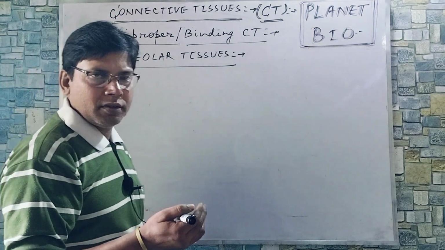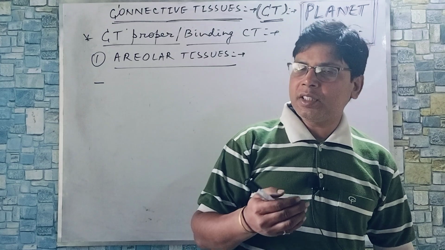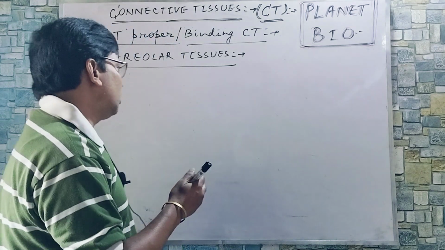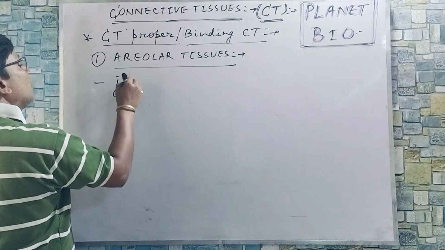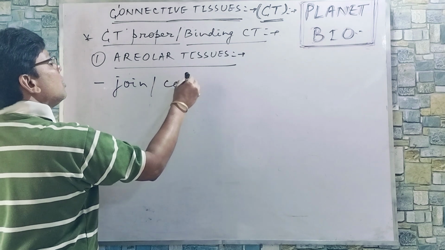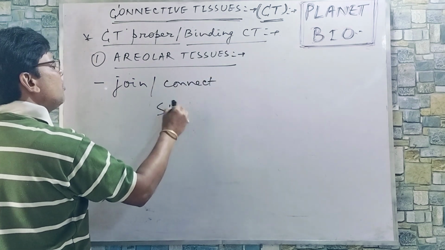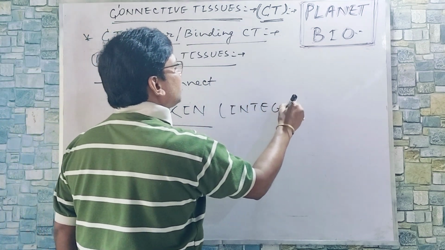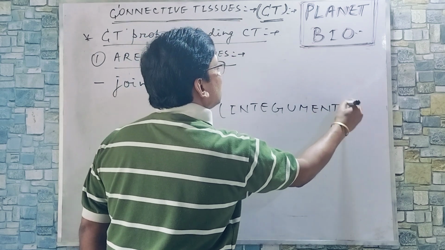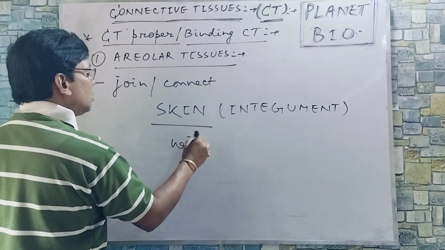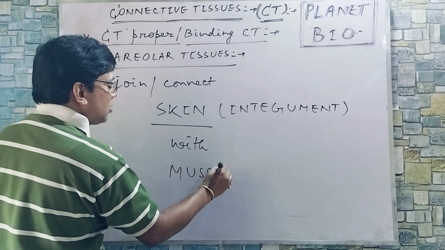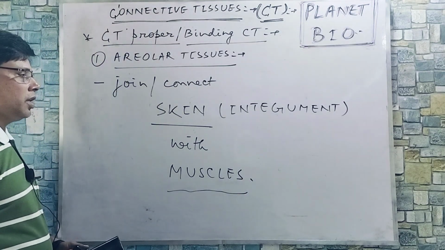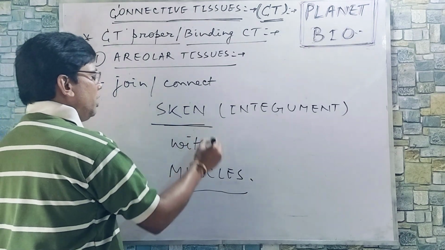It has a matrix made up of glycoproteins and mucopolysaccharides, and the major function you can find here: areolar tissues join or connect skin with muscles. Skin is also called integument. Areolar tissues join or connect skin with muscles, that is, integument with muscles.